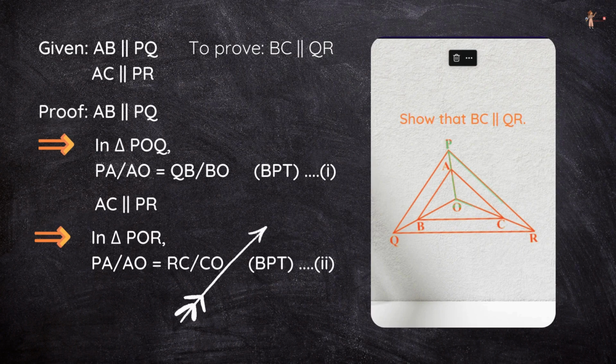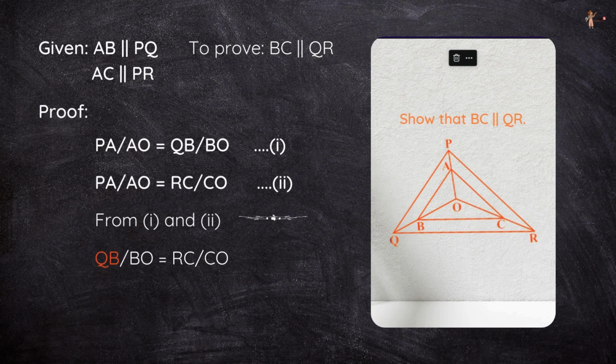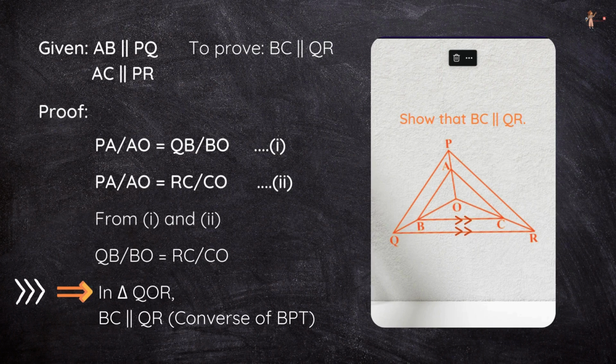In triangle POR, PA upon AO would be equal to RC upon CO since AC is parallel to PR. From these two equations, we get QB upon BO is equal to RC upon CO. Therefore, BC is parallel to QR by converse of BPT.